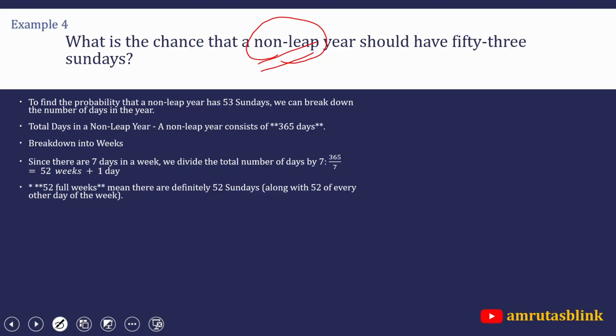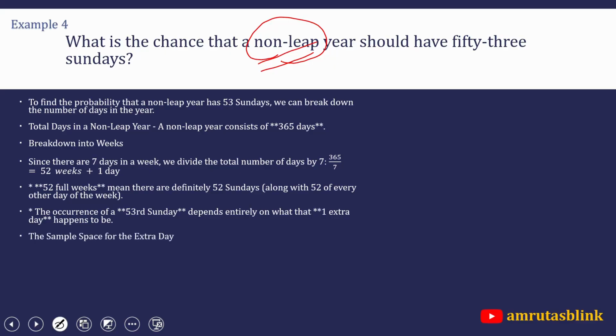But because of this one extra day, the scenario is going to change. So during 52 full weeks means there are definitely 52 Sundays. Now along with the 52 of every other day of the week, one extra day is going to be there, and we need to calculate the probability of getting 53 Sundays. So the occurrence of this 53rd Sunday depends entirely on what that extra one day happens to be.